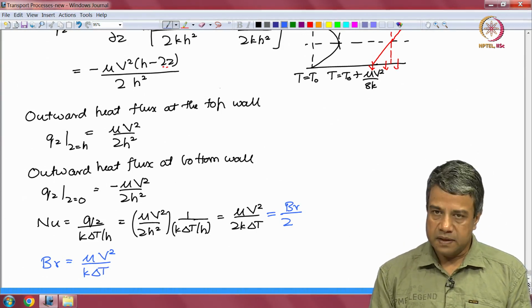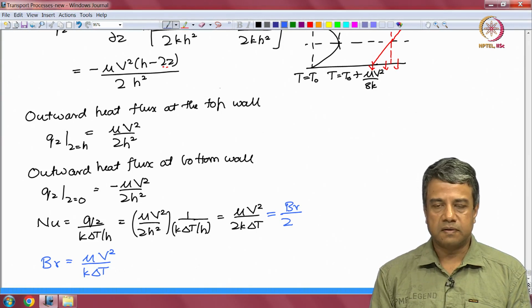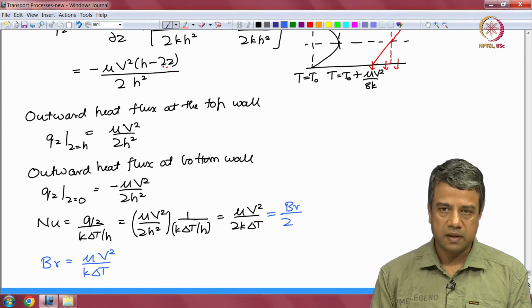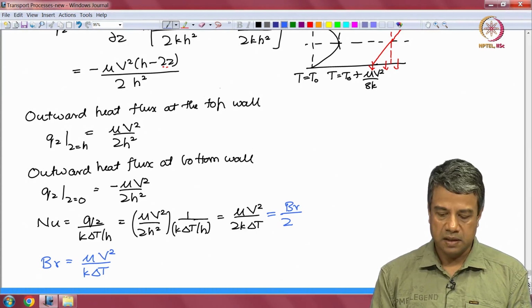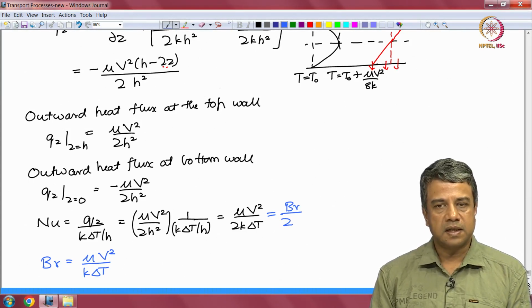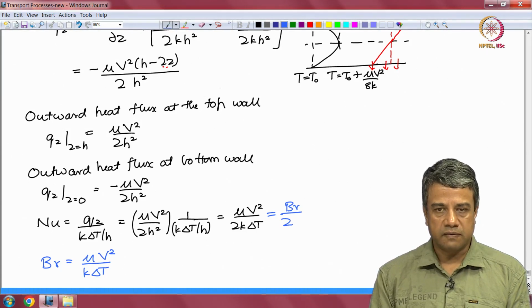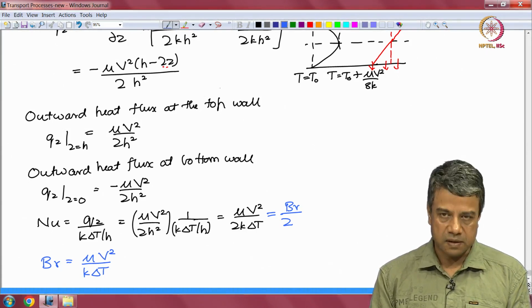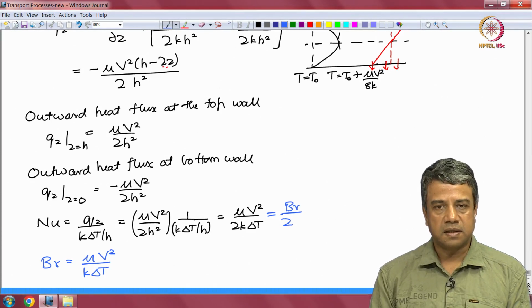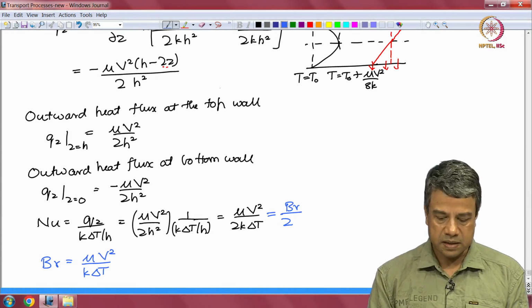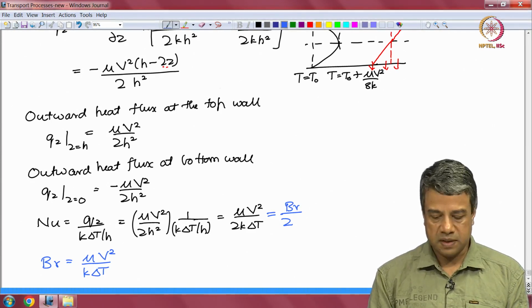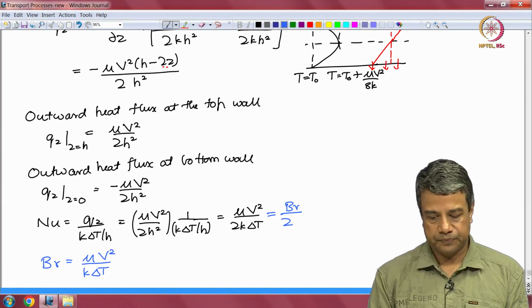When we had solved the original problem of heat transfer, dimensional analysis to find out the Nusselt number correlation, in that case we had said that if there is no interconversion, then this Brinkmann number is not a factor. When there is interconversion, the Brinkmann number is a factor, and that Brinkmann number we had derived by dimensional analysis as mu times velocity square by K delta T.